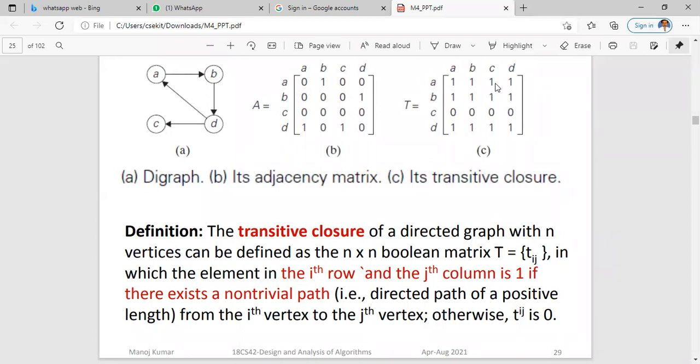Zeroth row is A, zeroth column is A. So the ith row and jth column is 1 if there exists a non-trivial path, that is a directed path of positive length from the ith vertex to the jth vertex. So a directed path of positive length from I to J.